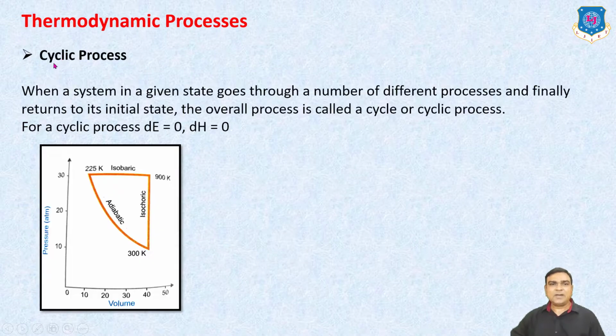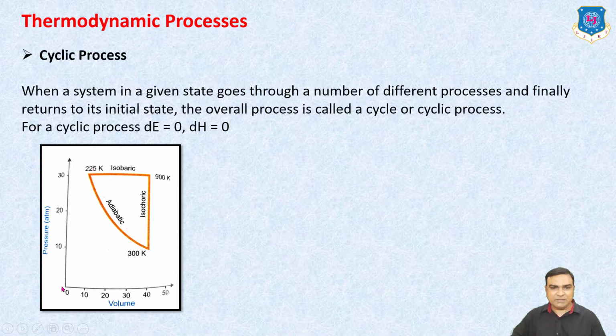And the last, the cyclic process. When a system in a given state goes through a number of different processes and finally returns to its initial state, the overall process is called a cycle or cyclic process. For a cyclic process, the change in internal energy is equal to 0 and the change in enthalpy is also 0.